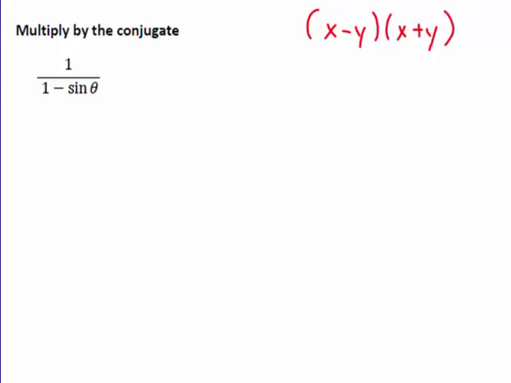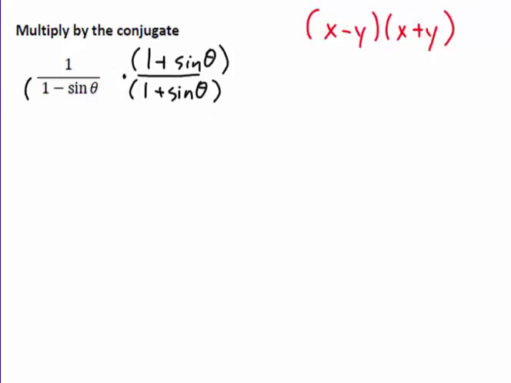So if we have 1 minus sine theta, whether it's numerator or denominator, we're often going to use the strategy of multiplying the fraction by the conjugate, 1 plus sine theta over 1 plus sine theta. And remember, as long as we do the same to the numerator and denominator, it doesn't change the fraction.